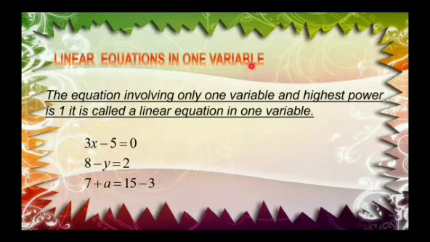Linear equations in one variable means the equation which has only one variable and the highest power is 1, which means the equation does not have any power. Examples are 3x minus 5 equals to 0, 8 minus 5 equals to 2, 7 plus a equals to 15 minus 3.